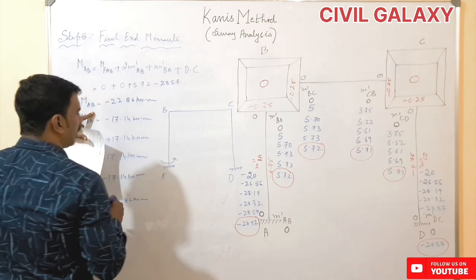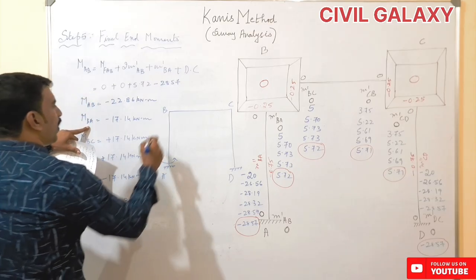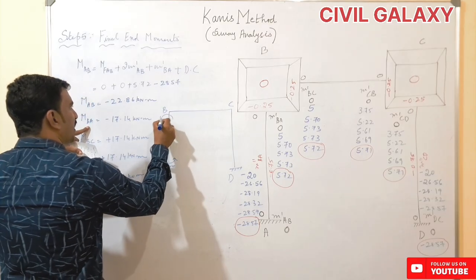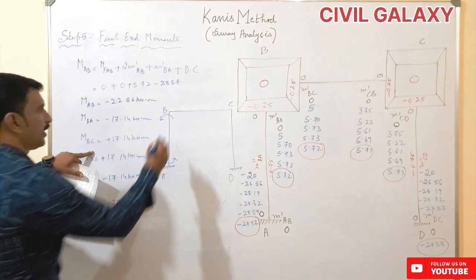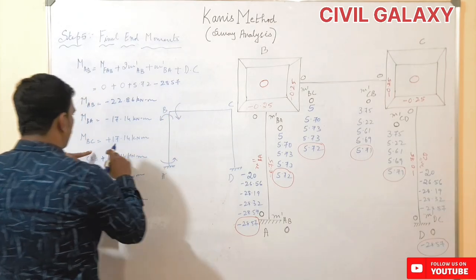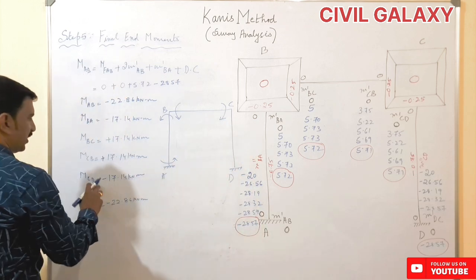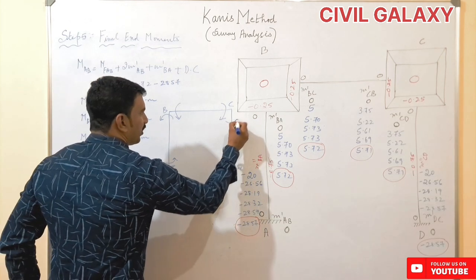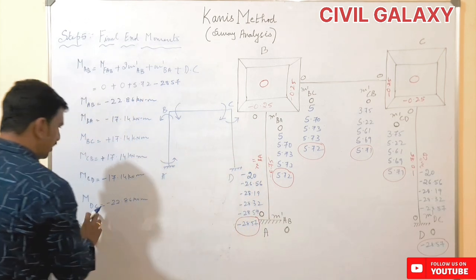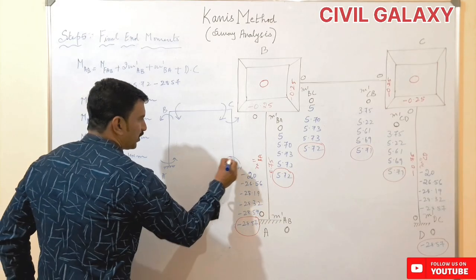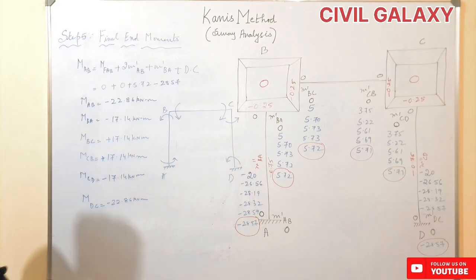We will write here in the anti-clockwise direction. B to A also it is in the anti-clockwise direction, and B to C it is in the positive direction. Also C to B, here it is also in the positive direction. C to D, here it is in the anti-clockwise direction. Here also D to C, it is in the anti-clockwise direction.